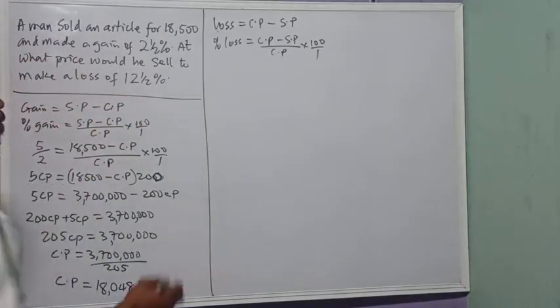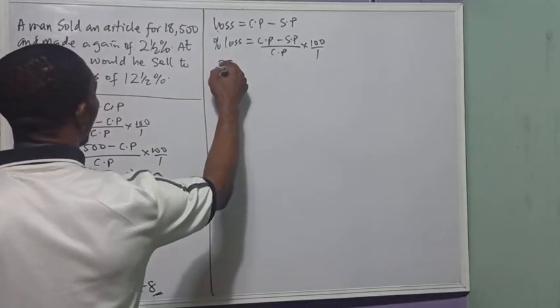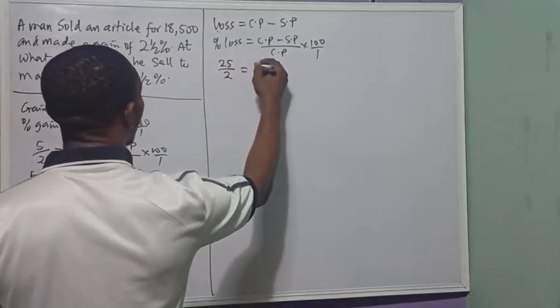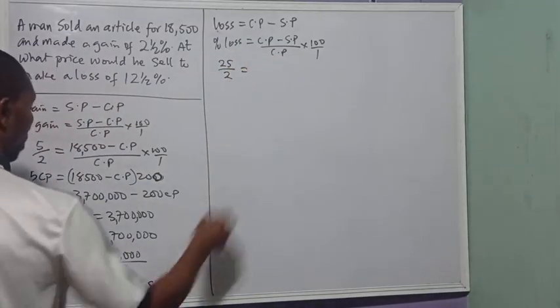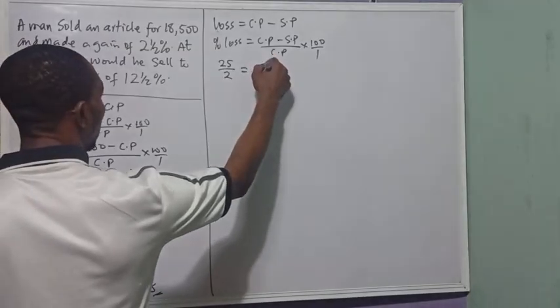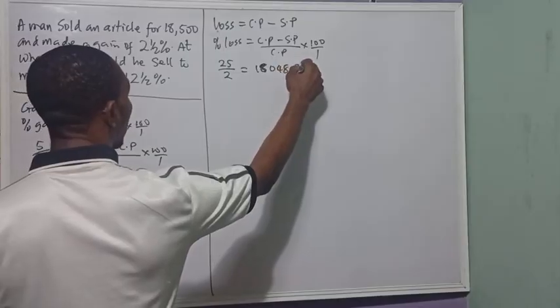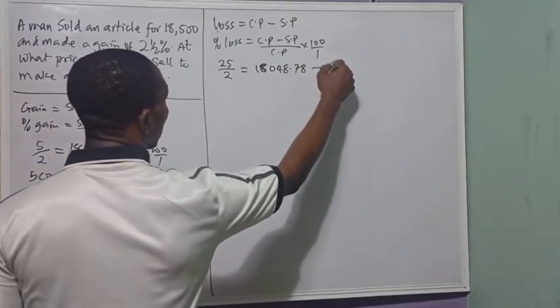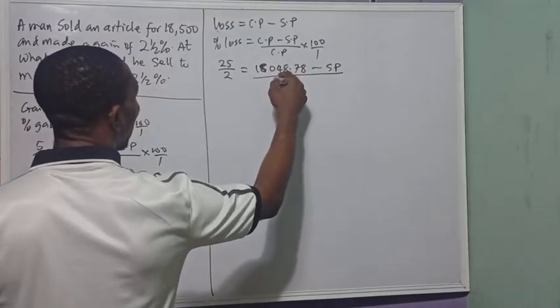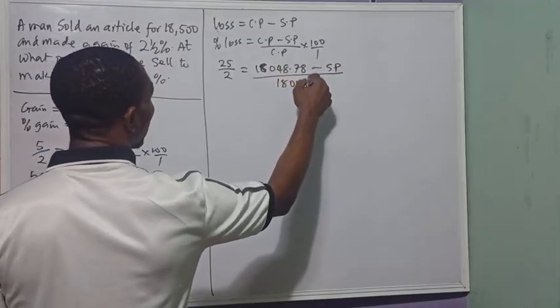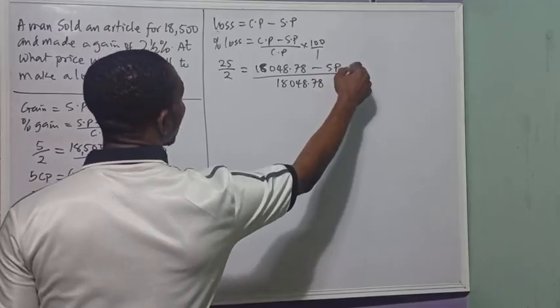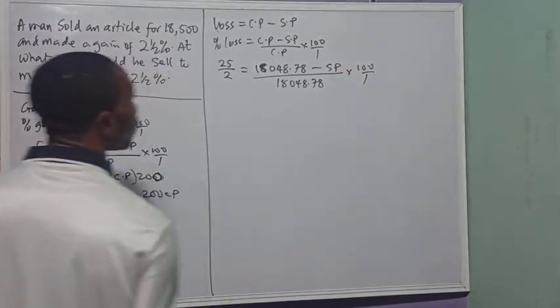When converted to an improper fraction, it becomes 25 over 2, equals the cost price, which we have as 18048.78 minus our selling price, all over 18048.78 times 100 over 1.